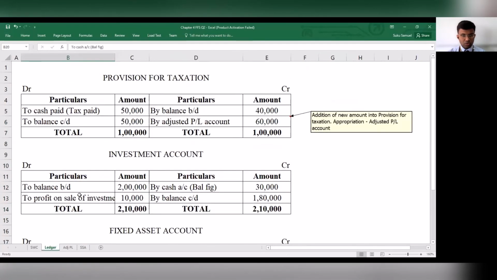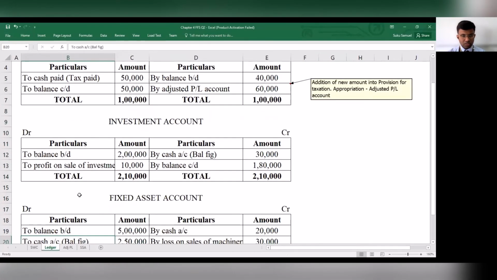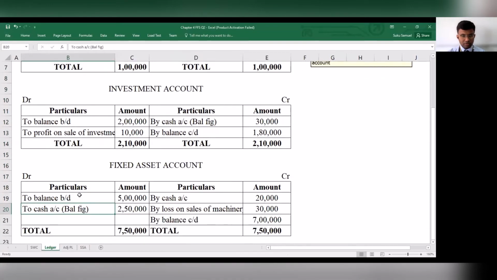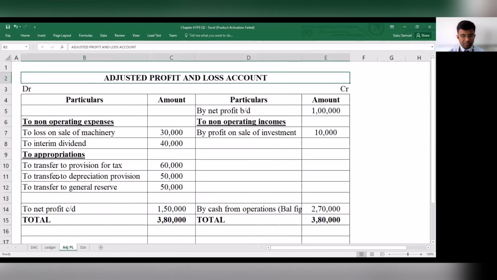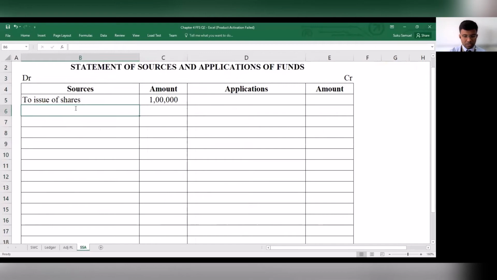So let's go to the ledger account, and you would notice that you have made a sale, a sale of investments, and this was 30,000.